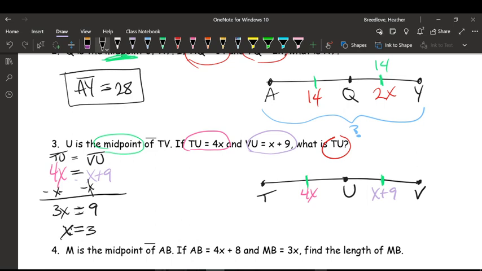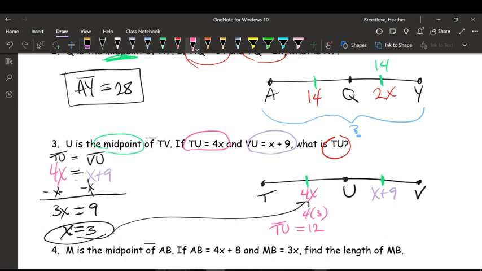I'm going to circle it because it is important, and then look to see what I'm going to do with it. TU, here's TU, that's what I'm solving for. That says 4x. So if x is 3, then that's 4 times 3, and that is 12. So TU equals 12. And now I'm finished.